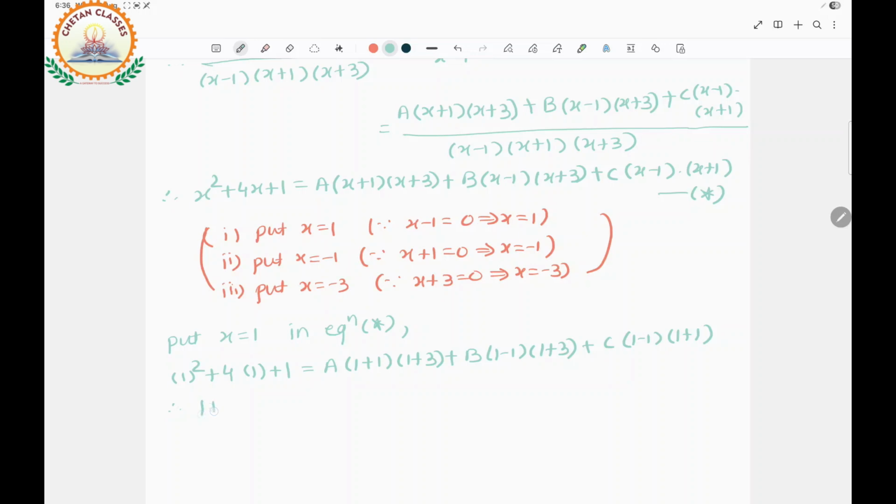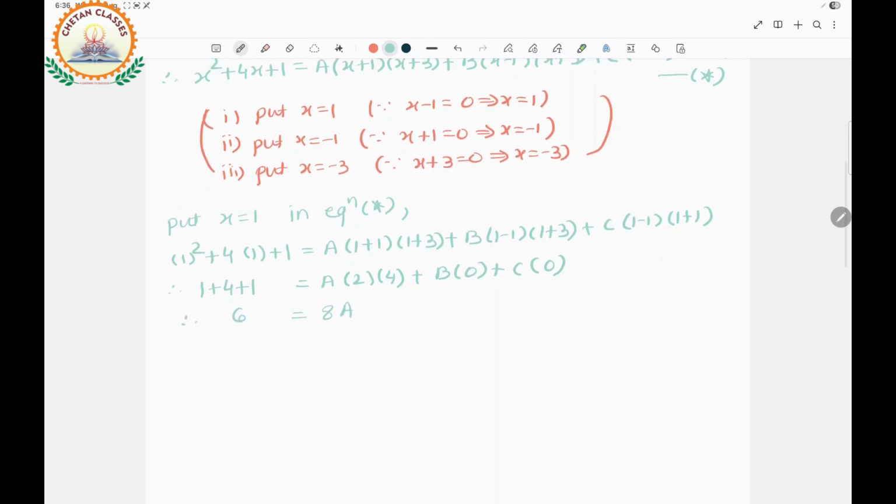So here we get 1 + 4 + 1 is equal to A into 2 into 4 plus B into 0 plus C into 0. So here we get 6 is equal to 8A. Therefore, A is equal to 6 upon 8. So A is equal to 3 upon 4.